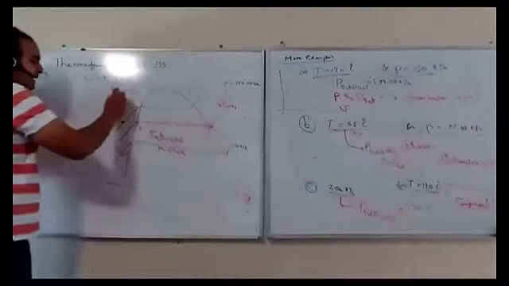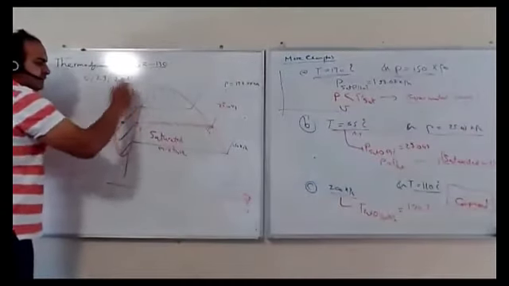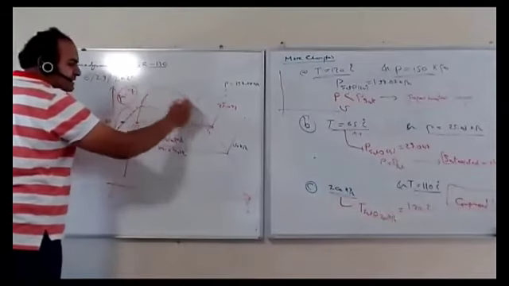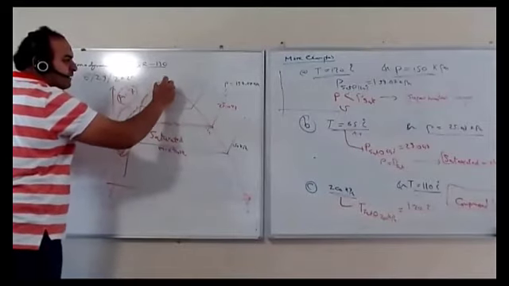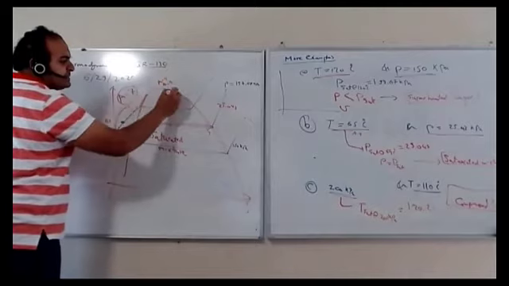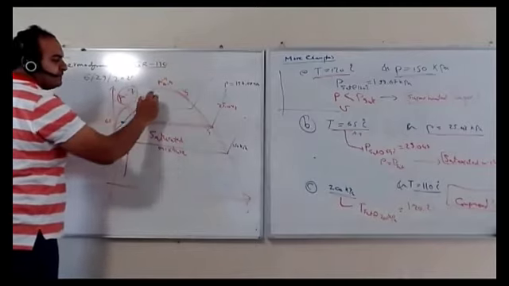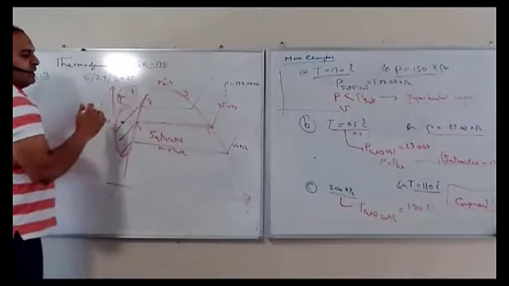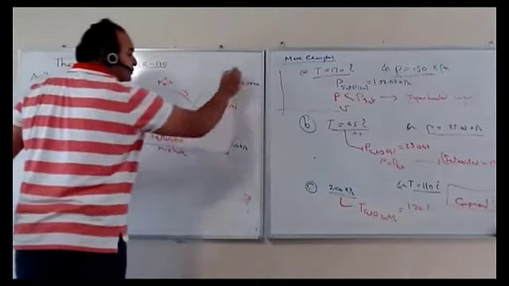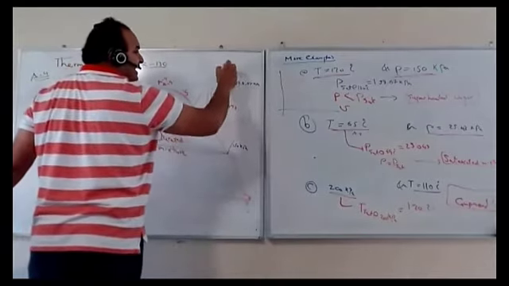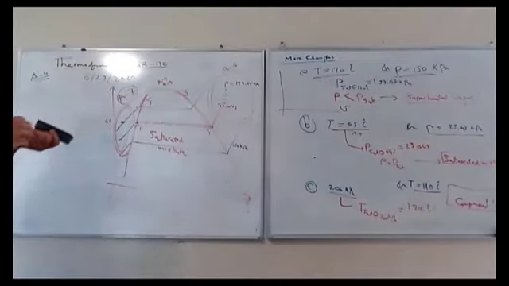This is table A7. This line and this line, A4 and A5: saturated liquid, saturated vapor, vf and vg, uf and ug, hf and hg. I have data for this region. It's called A6. Let's go back to A7.